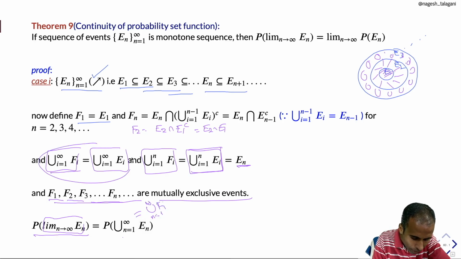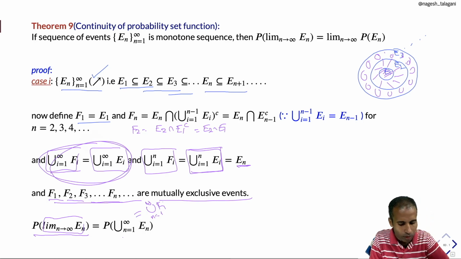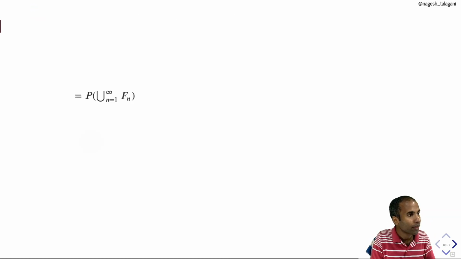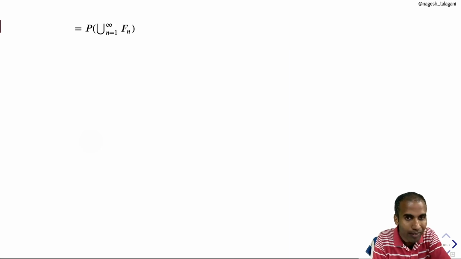Because of this. So in the next step, I'm going to replace the union of n equal to 1 to infinity En with the union of n equal to 1 to infinity Fn. The good thing about this union is that now these Fi's are mutually exclusive. So we can apply axiom 3.